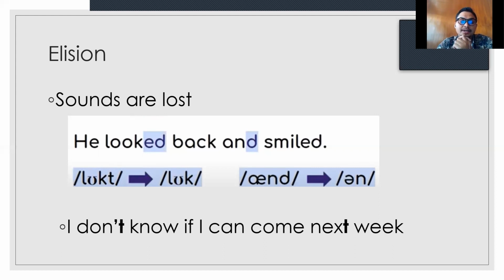So it is just "I don't know." I don't know if I can come next week. Not "next week," but it becomes "next week."